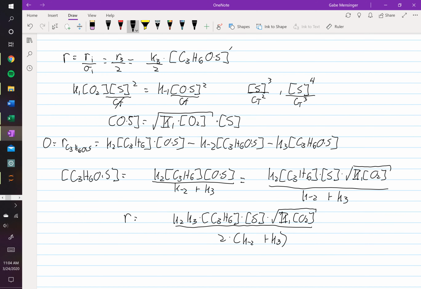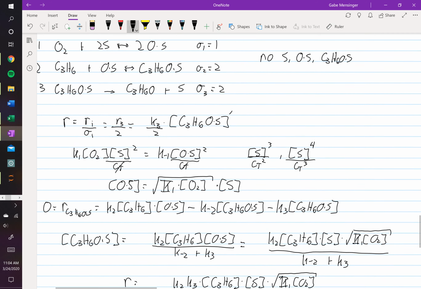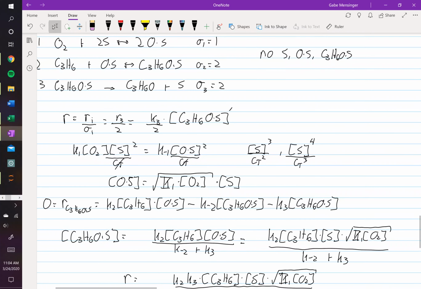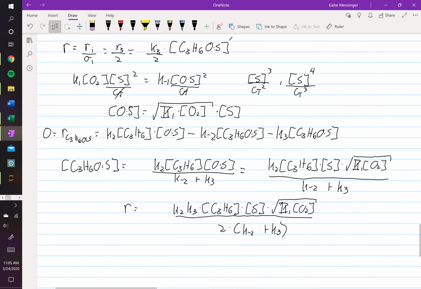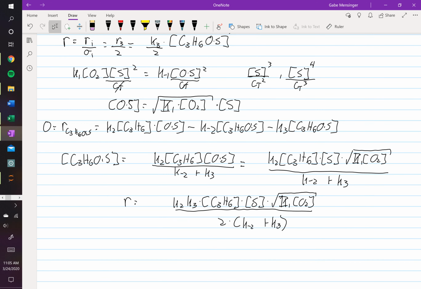And are we done? Well, going back to what we said up here, we can't have any catalyst or surface species in the final reaction, because while the catalyst does help the reaction, it's not actually part of the reaction. So we can't have any S terms or OS or C3H6OS terms. Do we have any of those terms here? Yep, we have an S term. We can't have that. So in order to get rid of that, we will do a site balance.